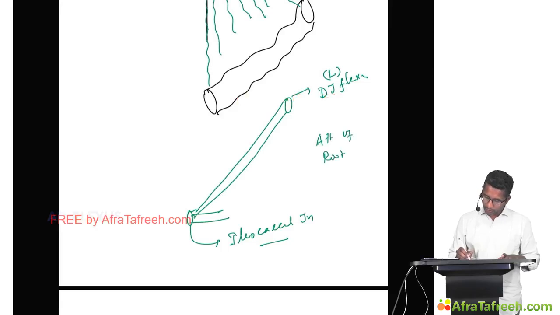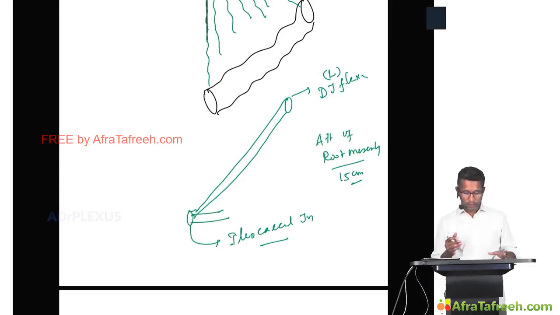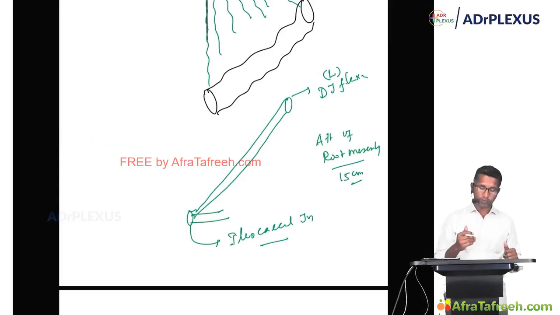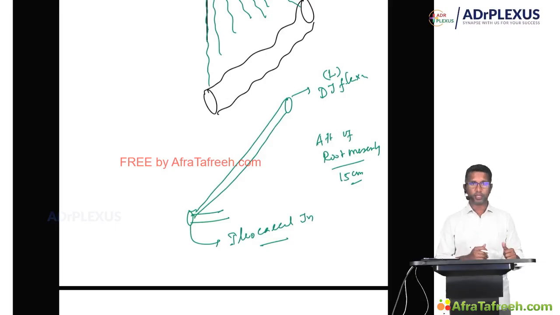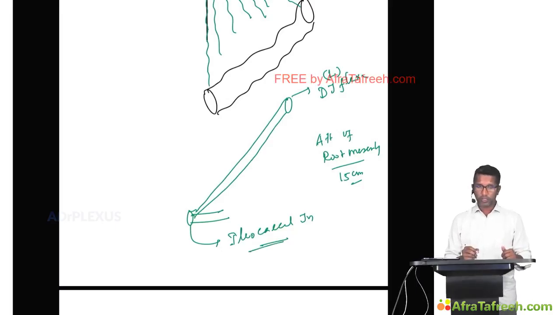The root of the mesentery is about 15 centimeters in length. It is attached to the duodenojejunal flexure on the left side, runs downwards, crosses the midline of the abdomen, and ends at the ileocecal junction.